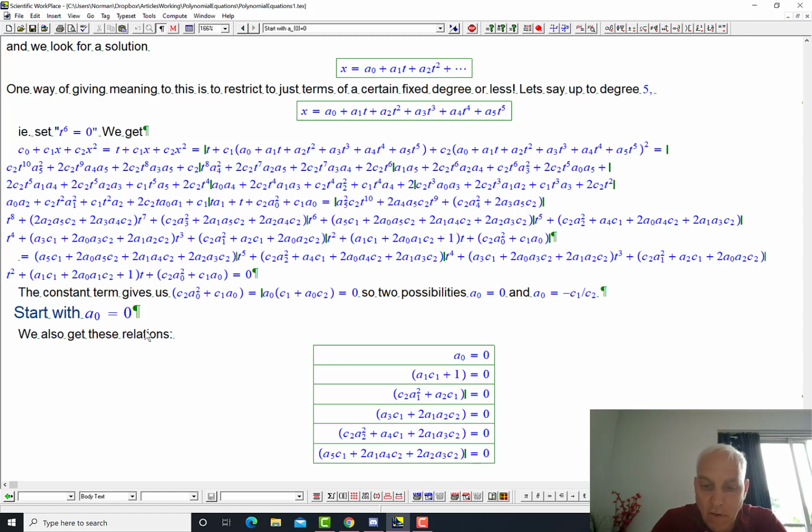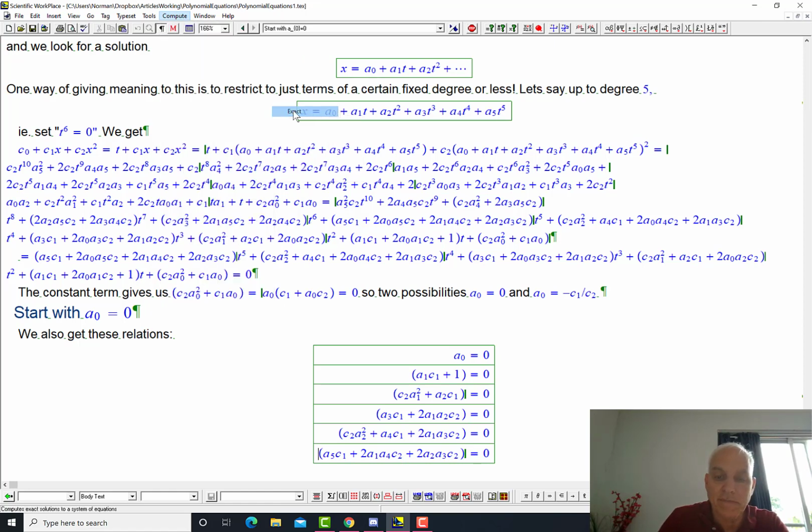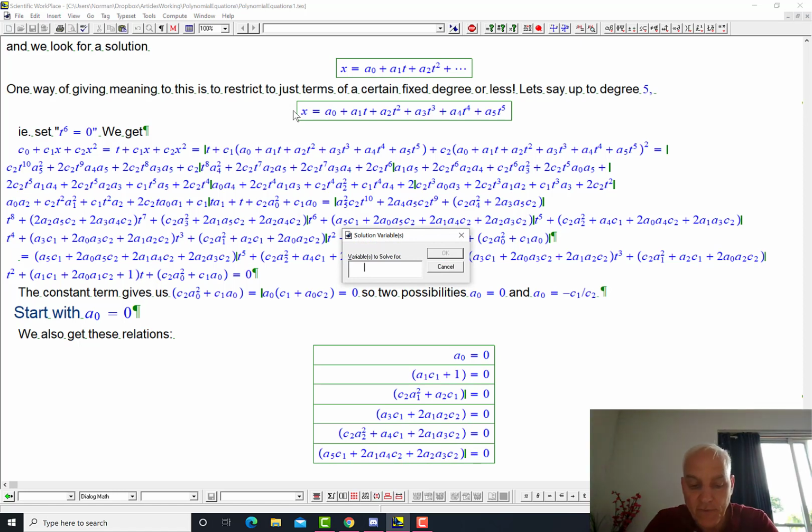Okay, now we want to solve for a1, a2, a3, a4, and a5. Now, Scientific Workplace actually is able, in some cases, to solve a whole bunch of systems like this. So we're going to solve for a sub 1, a sub 2, a sub 3, a sub 4, a sub 5. Maybe we'll put in a sub 0 just to be complete, even though we already know what that one is.